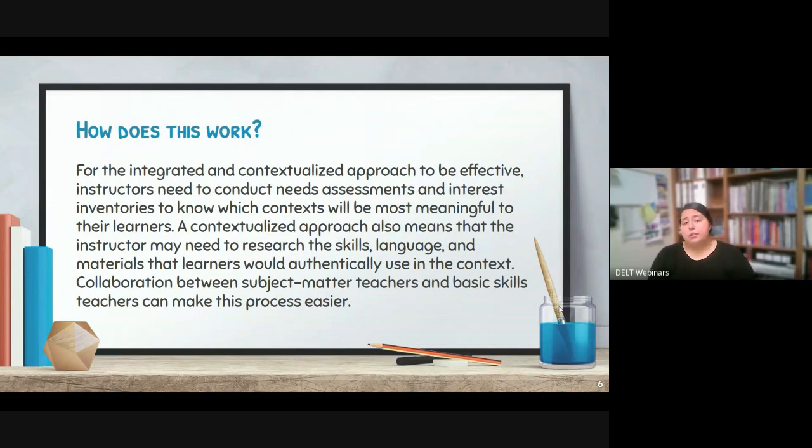And in order to do this, you need to have a needs assessment and an interest inventory just to let you know which content will be most meaningful to your learners. Having a contextualized approach means that you are trying to meet the student's needs, not necessarily what you feel, but it does involve researching the skills that they need, the language that they might need, depending on your area, and how it will work within their given lifestyle.